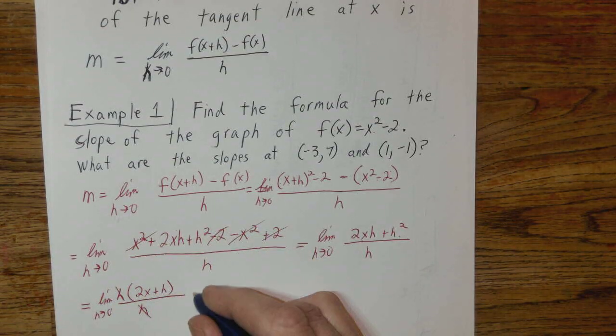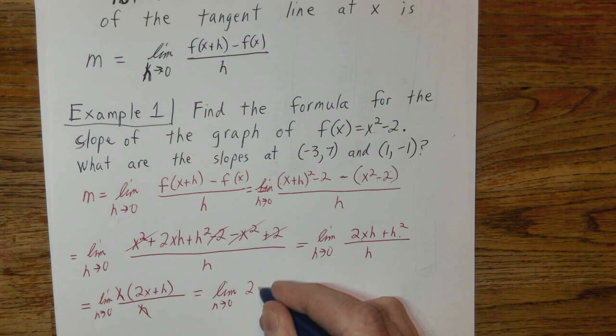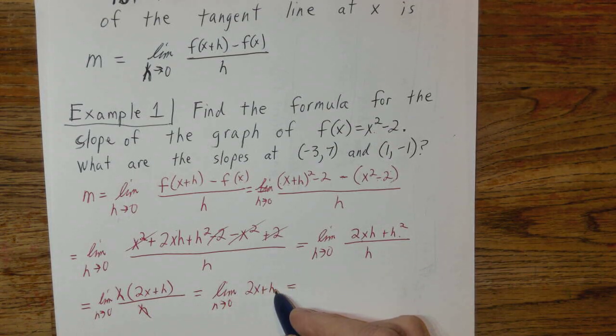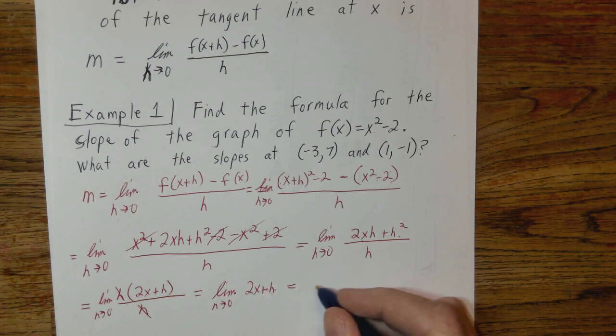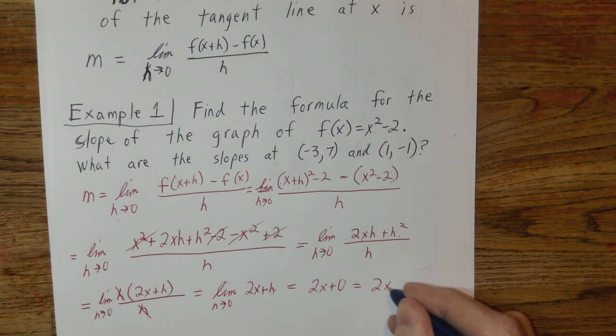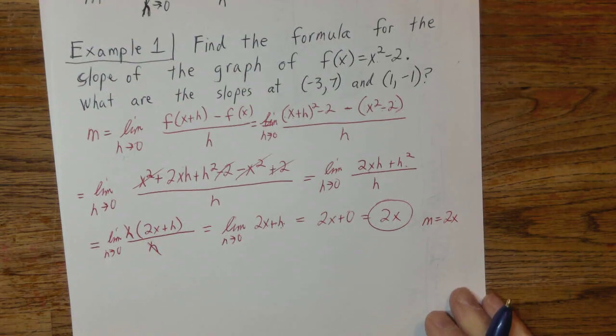Those h's cancel out. So we're talking about the limit as h approaches 0 of 2x plus h. And if I substitute the 0 in, 2x plus 0, direct substitution, is 2x. So the slope of the tangent line at any point in this graph is 2x.